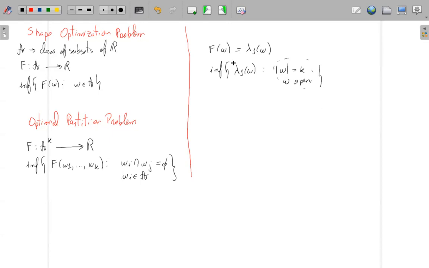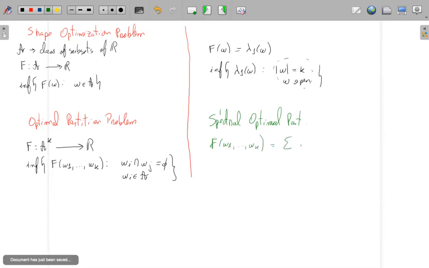Okay, so on the right-hand side, let me then speak about the particular case, which will be spectral. I will try to motivate it here below. Spectral optimal partitions, which is optimal partitions, if you take as cost function, for instance, the sum of, let's say, the first eigenvalues.